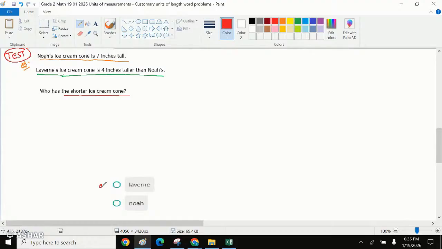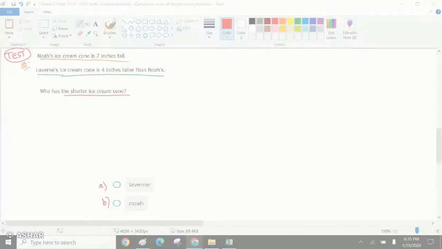Option A, option B. Which ice cream cone is shorter?